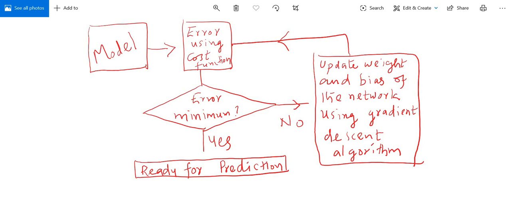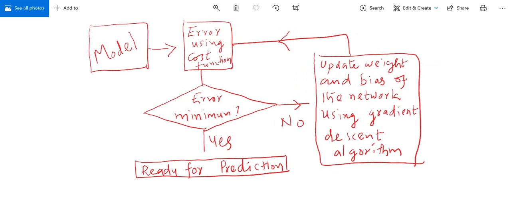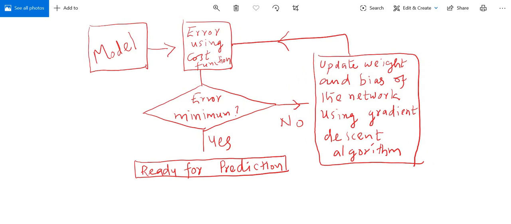This is the training process. Finally, if the error is minimum, yes, our model is ready for prediction. This is the simplest way we can represent the back propagation algorithm in a block diagram.